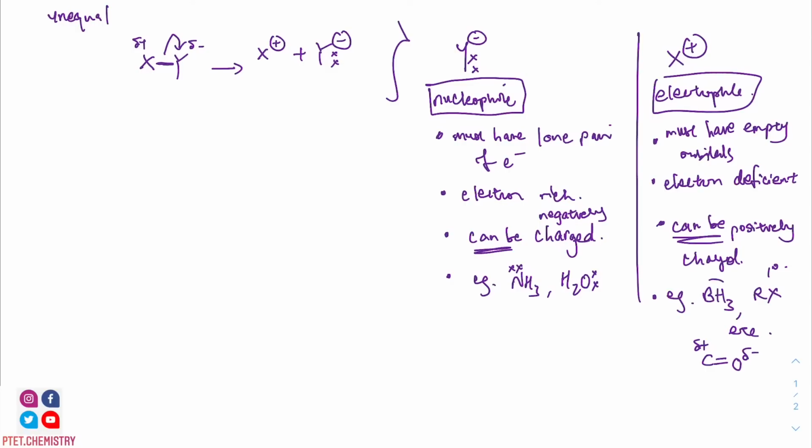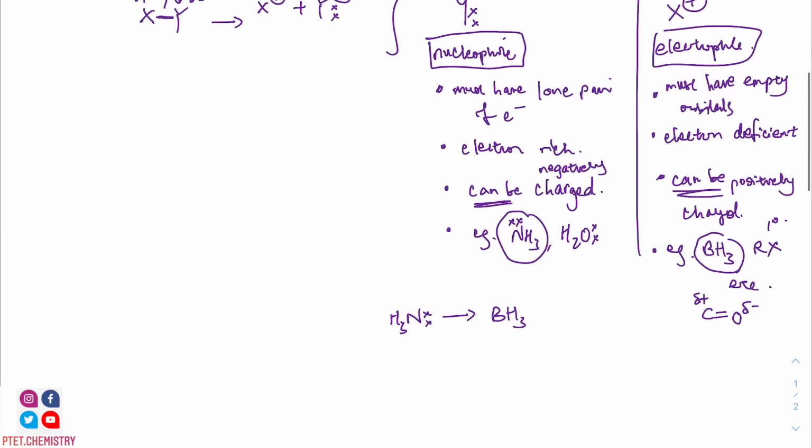So when you have BH3 and NH3, I hope you can see that the NH3 can donate the lone pair to the BH3. We show the dative covalent bond because that is the electron pair donor, and that is the electron pair acceptor.